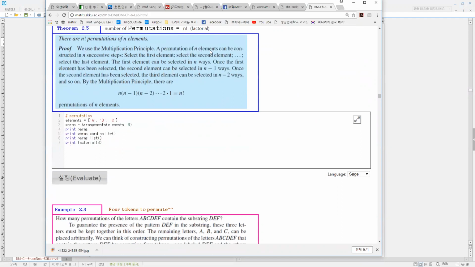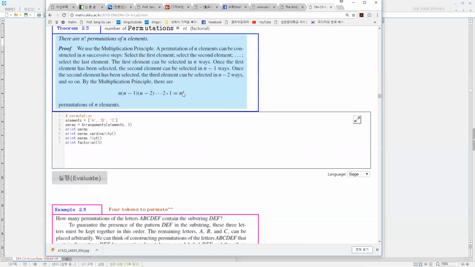Now, a permutation of n elements can be constructed in n successive steps. Select the first element, which has n choices. Then select the second element, which has n-1 choices. Then find the third element, which has n-2 choices, because 2 elements from n were already taken.